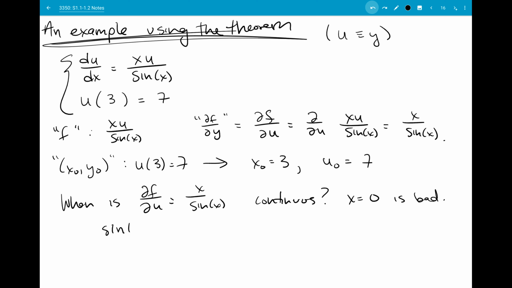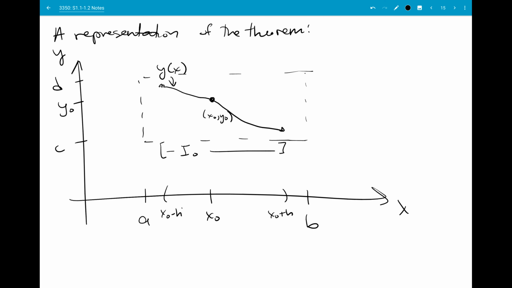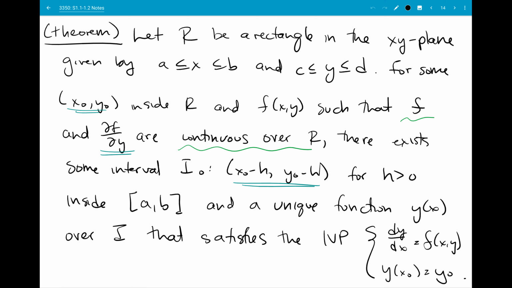Since x equals 0 is a problem, but my initial condition x0 equal to 3 came after that, from the theorem, my x0 starts at 3 and then continues on.